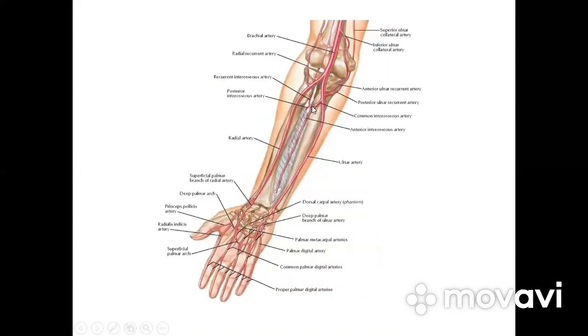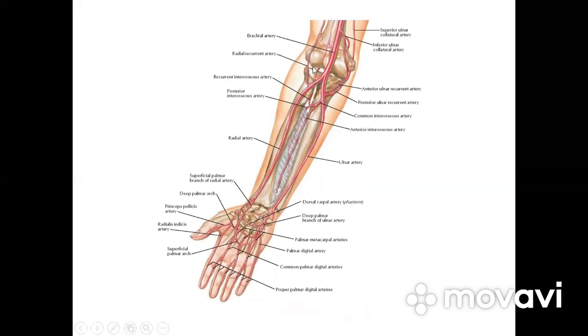Posterior interosseous artery goes through a foramen in the interosseous membrane in the proximal 1/3 part of the forearm and lies on the posterior side of the interosseous membrane. From the posterior interosseous artery begins the recurrent interosseous branch, which continues upward on the posterior side of the ulnar joints and lies in the posterior lateral ulnar groove, where it will make an anastomosis with the middle collateral artery.